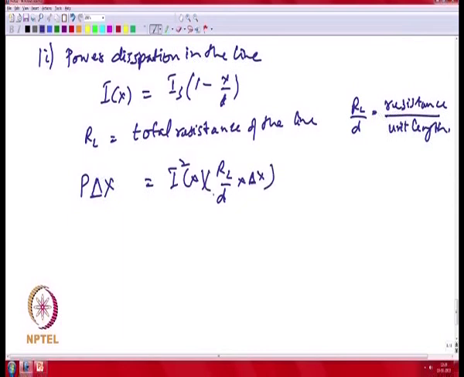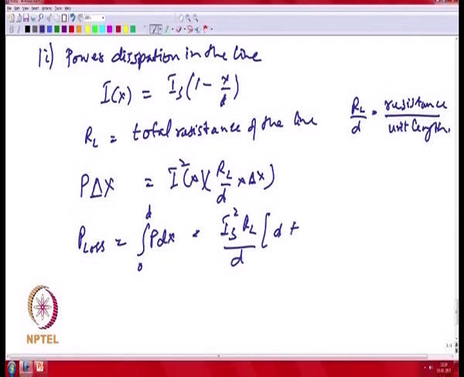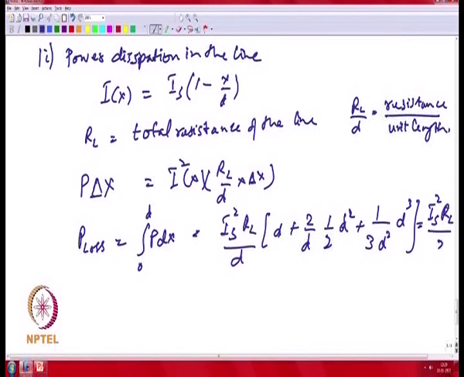So, if you integrate this along the line, your power loss in the line would be, and you can write the expression for that, Is square, the D's cancel out, RL by 3.